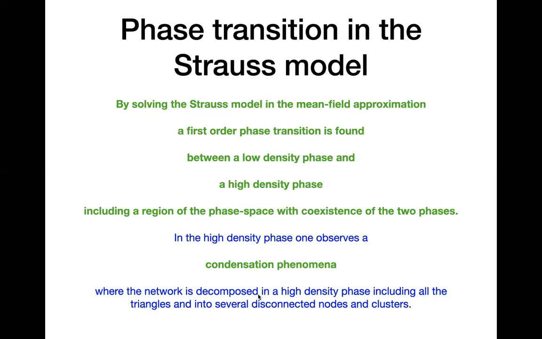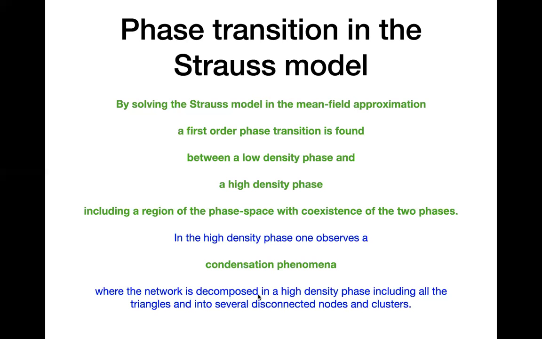In order to satisfy the constraint of having many triangles, the network chooses to have very large cliques, which have a lot of triangles and are very densely connected, and then several nodes that are totally disconnected.